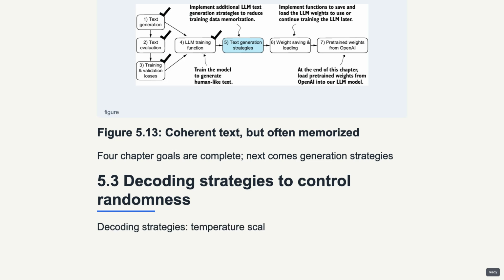The first version of generation always picked the most likely token, so it was consistent but often repetitive. The two techniques on the board change that selection step in different ways. One reshapes the probabilities, and the other limits which tokens can even be chosen.